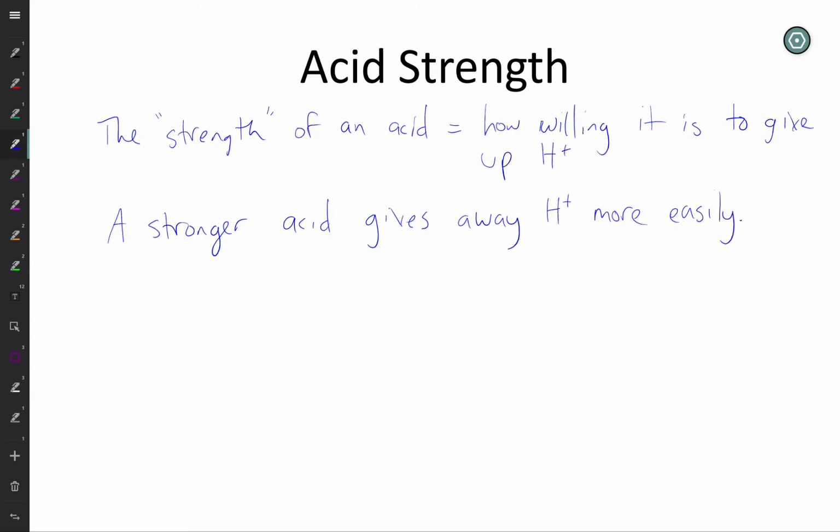In reality, usually what happens in a solution is only a percentage of the molecules will actually give up their H plus. And so for a stronger acid, that percentage is much higher.